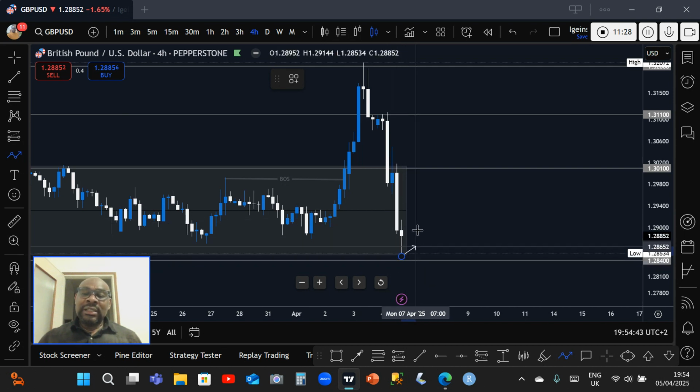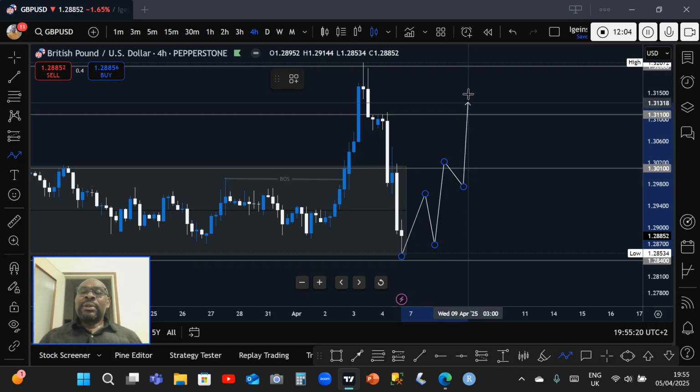Price should get to this point, make a pullback either to take liquidity here, or push to this point, then get to this level, pull back, then break and start pushing to the upside. All right.